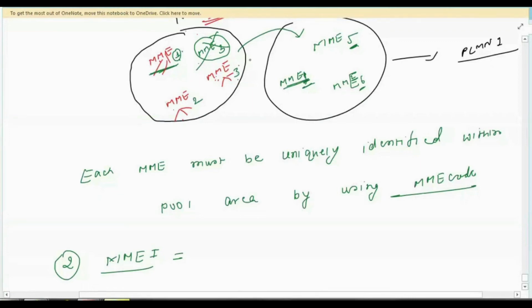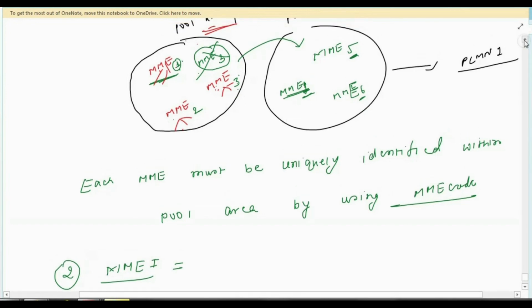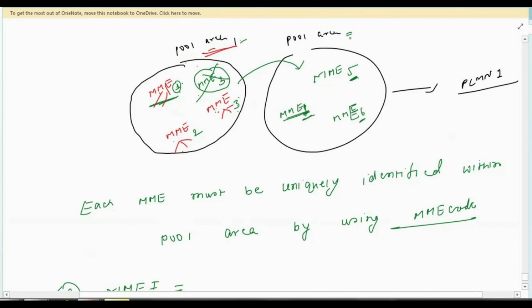Now see, MME code can only be used in another pool area, no? Not within the same pool area. It will be used in another pool area, and the identity of each pool area, as I said already, is the MMEGI. The identity of each pool area within the same P element is unique, no? So if we say MME1 of this pool area, and this pool area is different, MME1 of this pool area, then these two combined, MME group ID plus MME code, will definitely give a unique number.